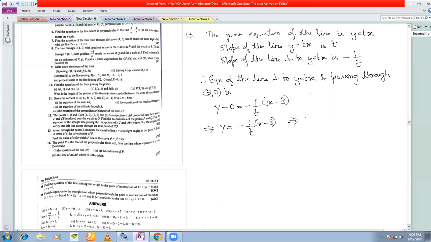That means ty is equal to minus x plus 3. That means x plus ty is equal to 3. This is the equation of the line that is perpendicular to y is equal to tx and passes through 3, 0.